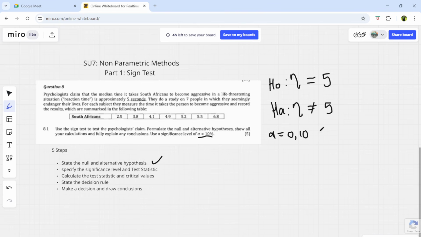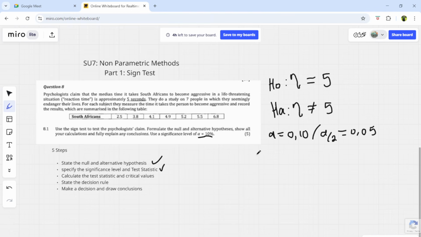So from here, alpha over 2 is equal to 0.10 over 2, which is equal to 0.05. Always, if your alternative hypothesis is like this, where they didn't say less or greater, or they said different, then just divide your alpha by 2 right away.